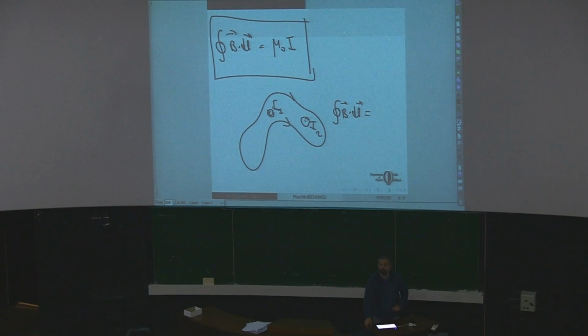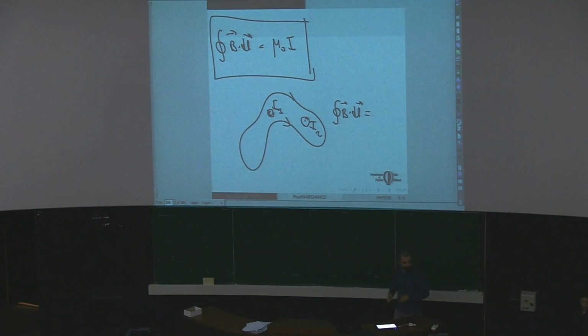B dot dl for this configuration. What is B dot dl for this configuration? Well, just wrap your right hand around your loop. Your thumb is pointing out of the screen. So I1 is a negative current, I2 is a positive current.